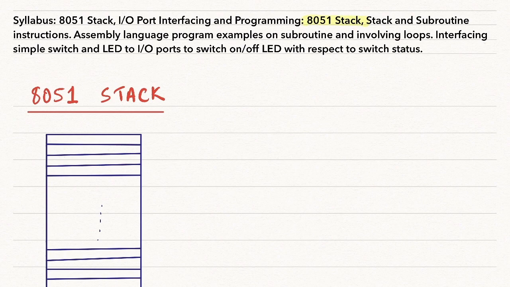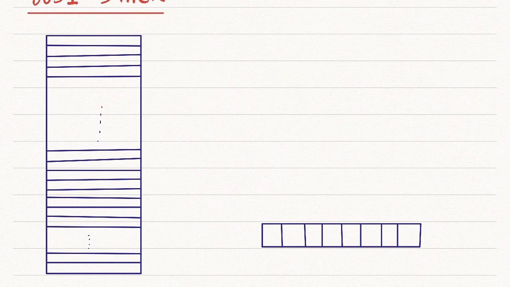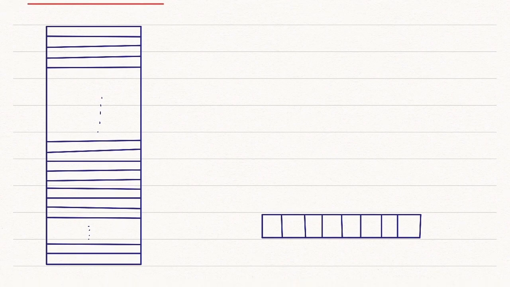So the 8051 stack, as mentioned in this diagram here, is a section of RAM which is used by the CPU to store information temporarily. When you say it is a section of RAM, we know that 8051 has an internal memory of 128 bytes.